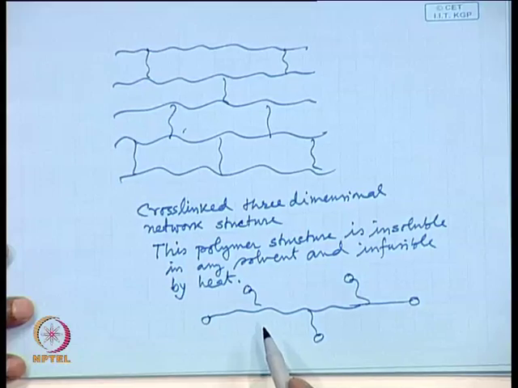I give you a concrete example of phenol formaldehyde resin. There are two ways of phenol formaldehyde resin synthesis. First day I showed you how phenol and formaldehyde condense. A stage resin, do you remember?